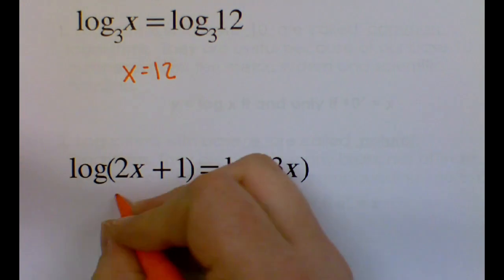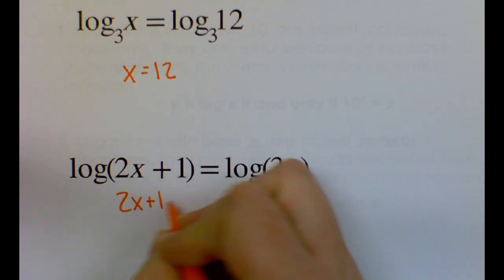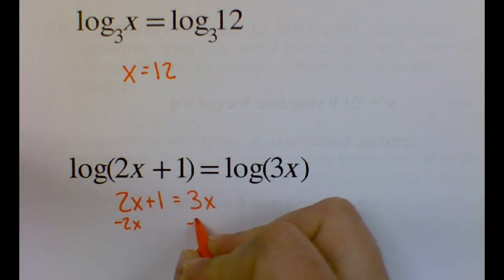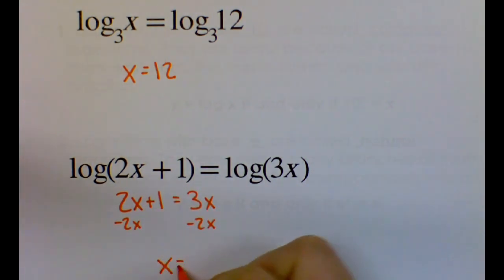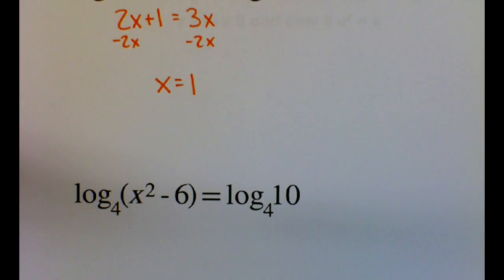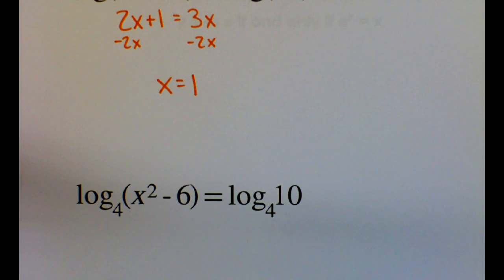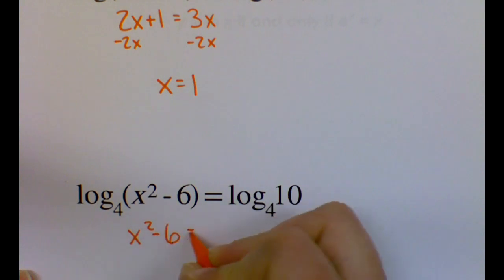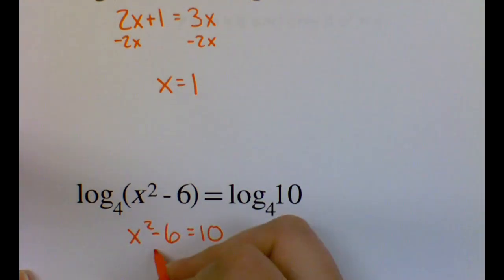Those two inside parts must be the same, so 2x plus 1 must equal 3x. Subtract my 2x over. I get x equals 1. There we go. And log base 4 of x squared minus 6 equals log base 4 of 10. As long as these logarithms have the same base, we are good to go. Just set the inside parts equal. Add my 6 over.